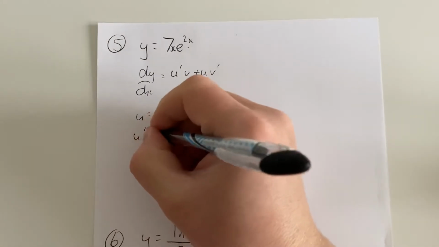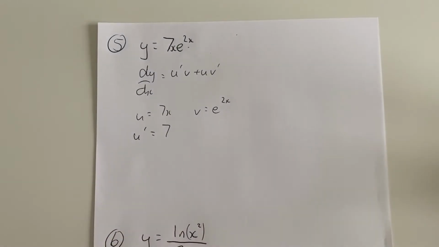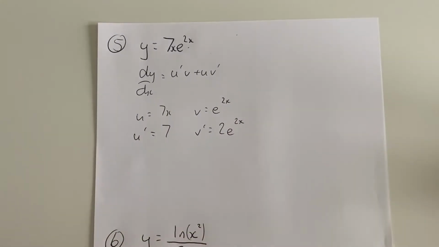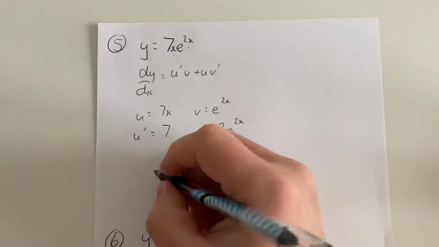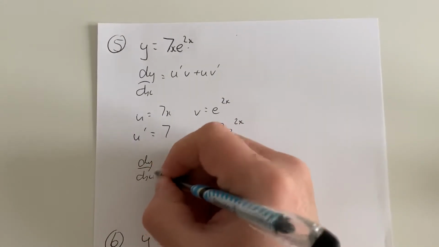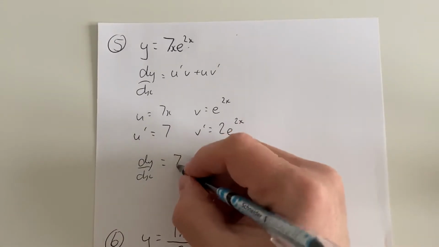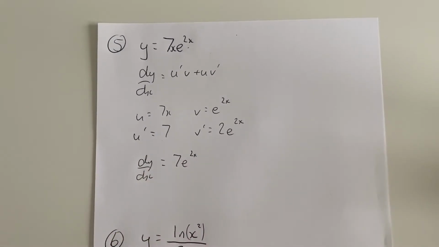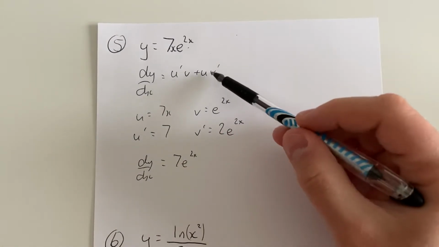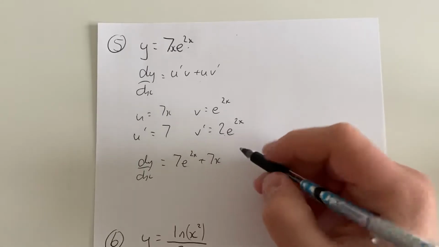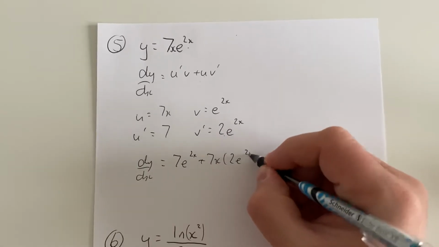So if we differentiate 7x, that would give you 7. And if we differentiate e to the 2x, you're left with 2e to the 2x. Plug that into here. dy by dx would be u dash times v, so 7e to the 2x, plus uv dash, so 7x times by this, 2e to the 2x.